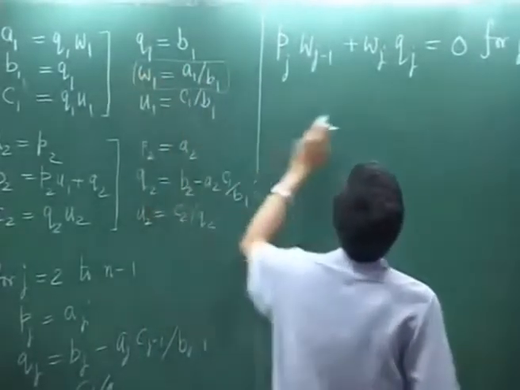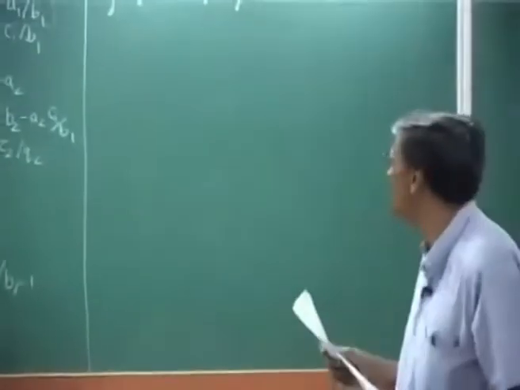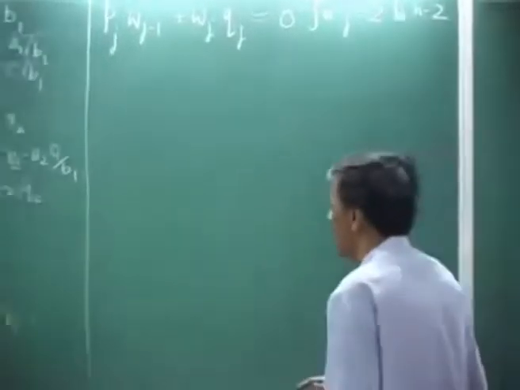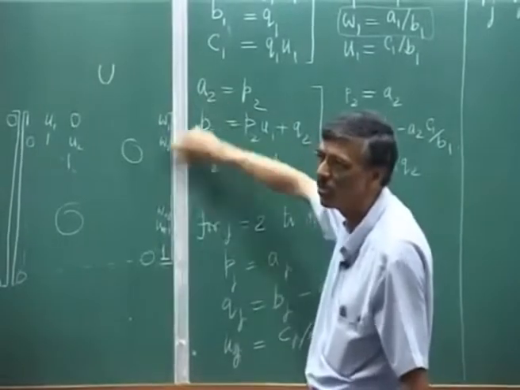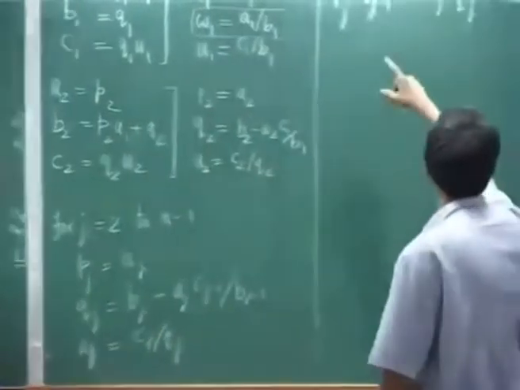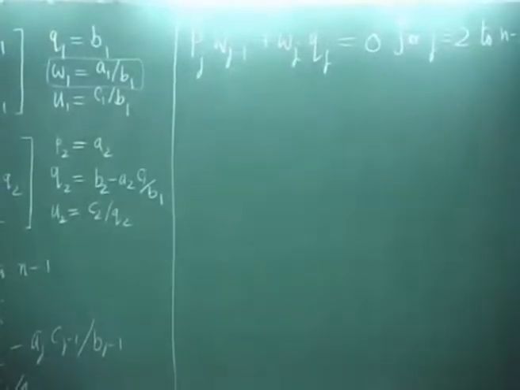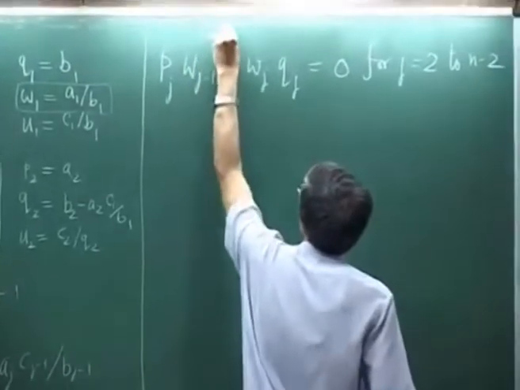So, if I have W 1, I could keep on recursively obtaining the other quantities, all these W j's. Essentially what we are trying to do is figure out what these non-zero entries in the last column are. That is helped by that equation. So this is from the last column of A.